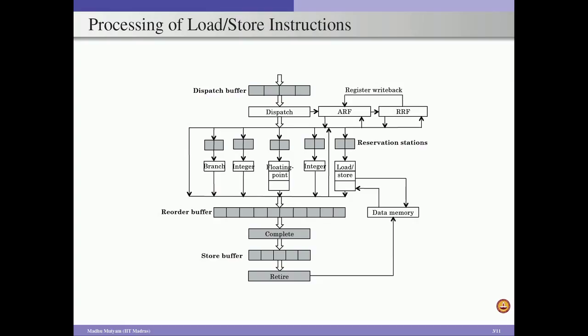So now we are going to discuss the processing of load store instructions using our dynamic execution core. We know that the load store unit is also one of the functional units in our dynamic execution core, and this unit is going to process all the load and store instructions in our program.